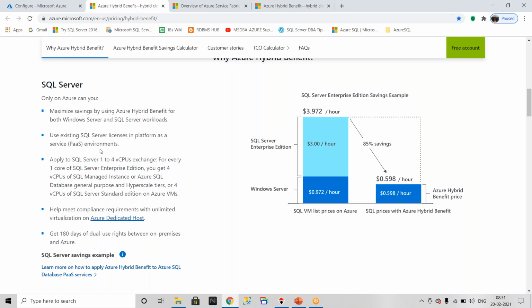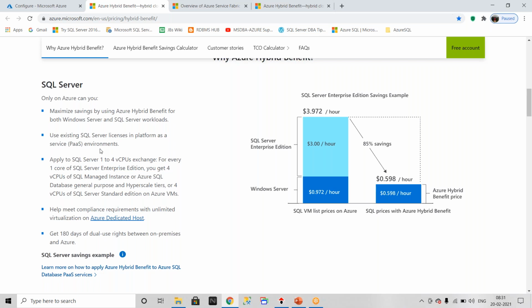Apply to SQL Server, 1 to 4 vCore exchange. For every 1 core of SQL Server Enterprise, you can get 4 vCore per managed instance or Azure SQL Database, general purpose and hyperscale tier, or 4 vCore of SQL Server Standard edition.